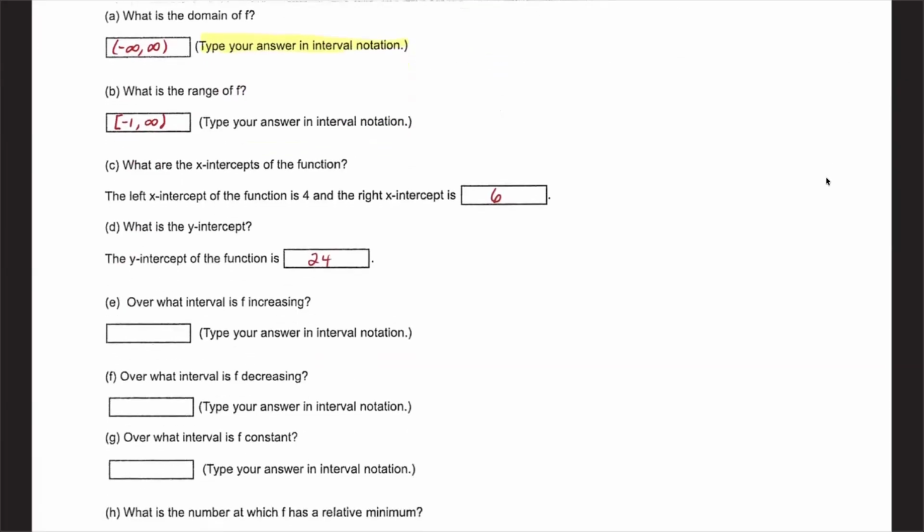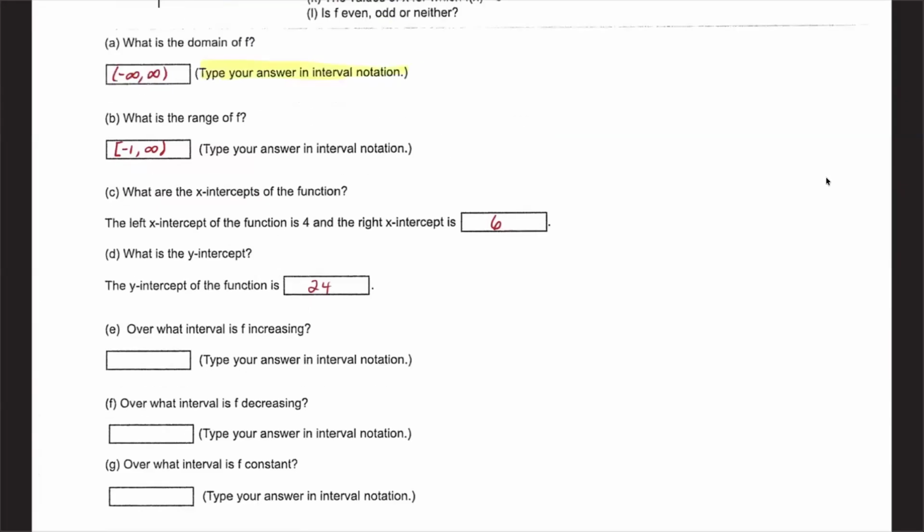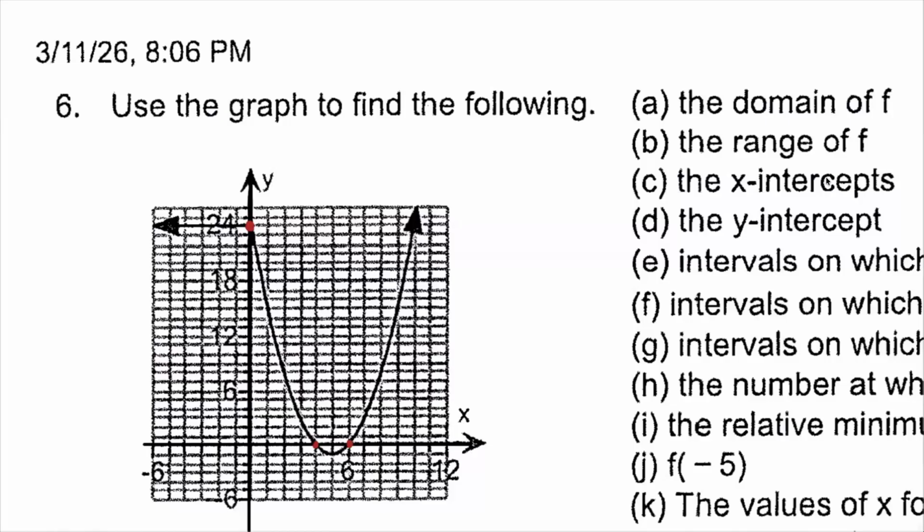But for this one, I want to do constant first. Constant over what interval? Well, if you look at the graph, everywhere from way, way out at negative infinity all the way to the y-axis, it's constant. But what we want is the x values for which that's true. So we're looking down here at the x-axis, and we're going to tell all the values up until 0.